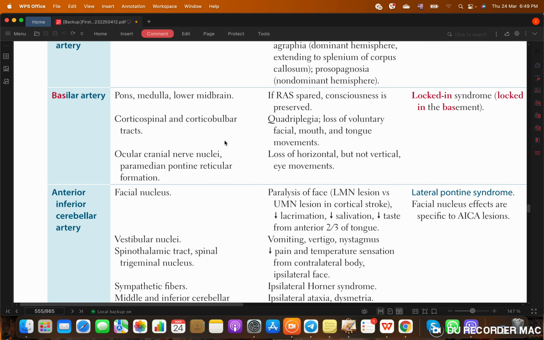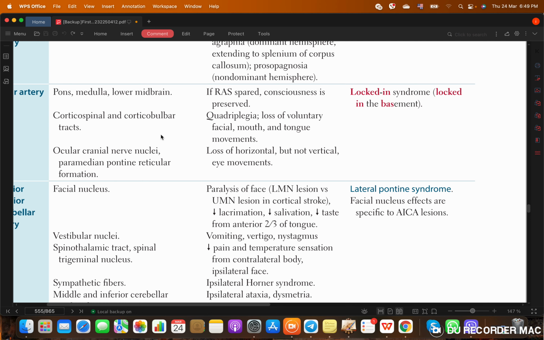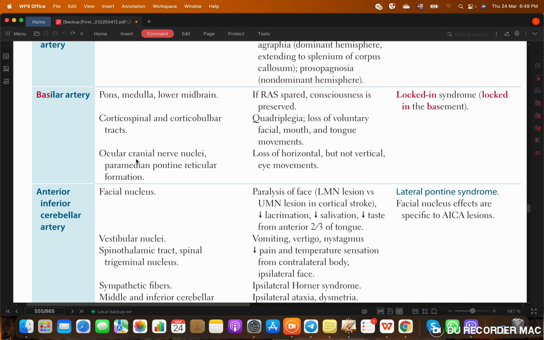So guys, what is more dangerous? To get shot in the head or to get shot in the brainstem? I mean, to get shot in the hemisphere or to get shot in the medulla? Yep, you will for sure get the patient knocked out. Okay, so ocular cranial nerve nuclei and paramedian pontine reticular formation is also there.